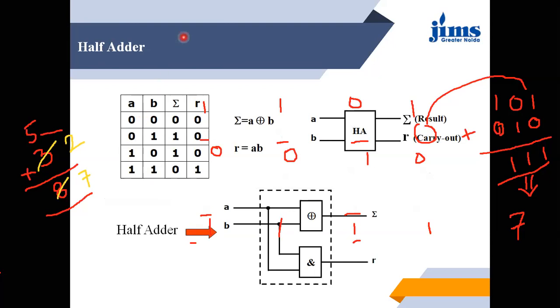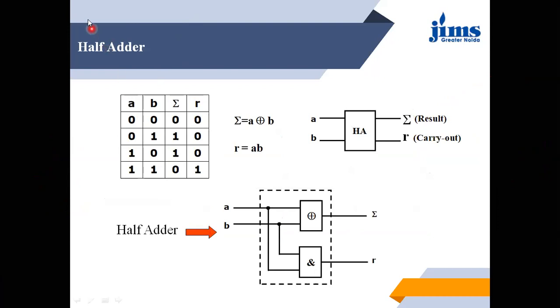We can see from here that when we are given two inputs A and B, then possible combinations of this is 2 raised to the power 2, as 2 are the inputs. So 4 are the possible combinations, that is 0, 0, 0, 1, 1, 0, and 1, 1.